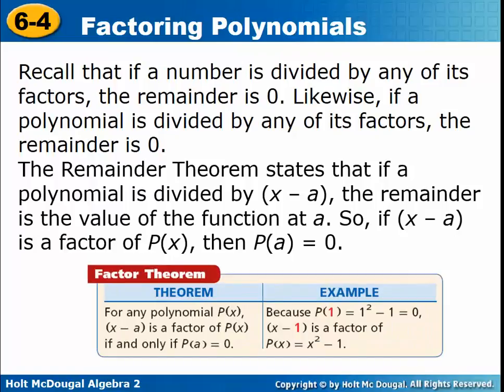Let's see how that's going to work. So there's the theorem written out in a nice little box. And the example is if you have a polynomial and p of 1 equals 0, then that means that x minus 1 is a factor of the polynomial, which was x squared minus 1.